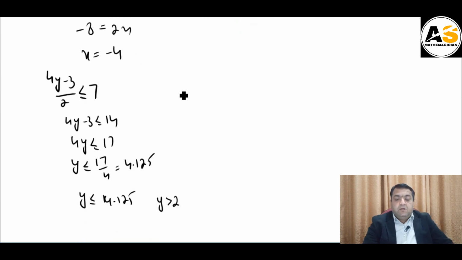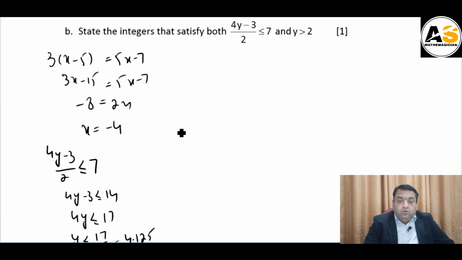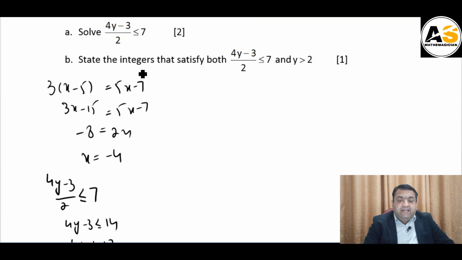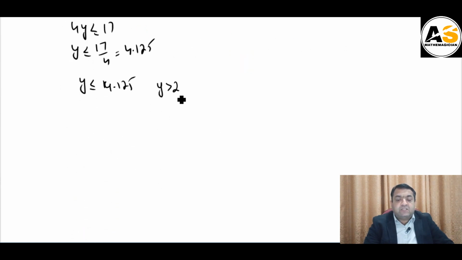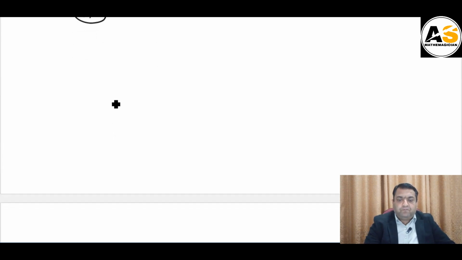So student, we need to state the integers that satisfy both these inequalities. Those integers must be greater than 2 and less than or equal to 4.125. 2 is not included, so this will be 3, 4, yes. 5, no, 5 does not satisfy this. So these are two integers, 3 and 4.